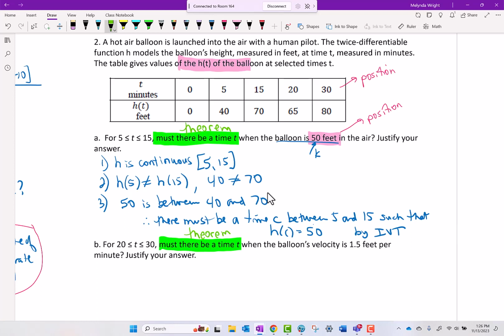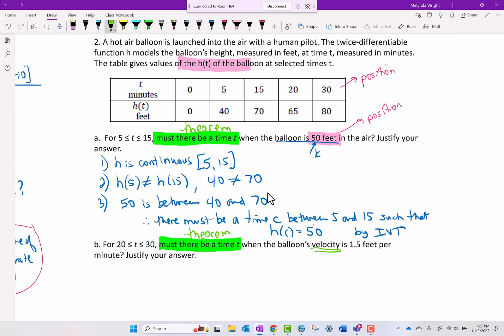When the balloon's velocity is 1.5. This isn't talking about the actual position or height. It's talking about velocity. So what should we look at using, IVT or MVT? MVT, because it's talking about a derivative, not the position.